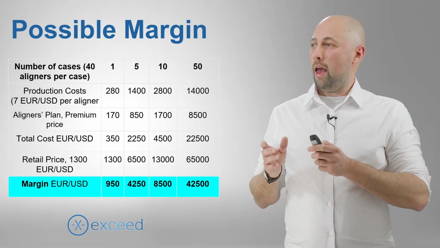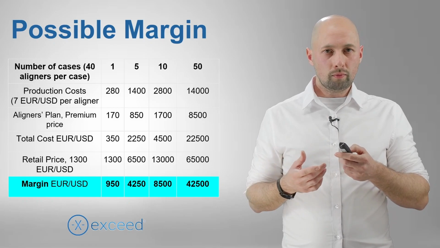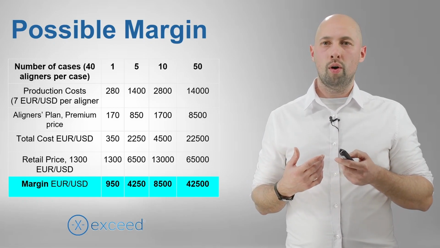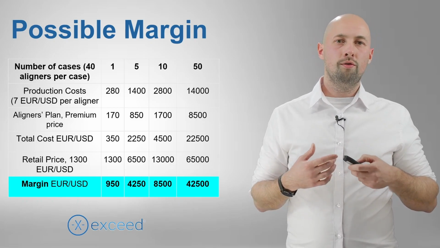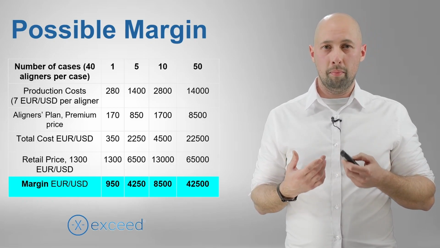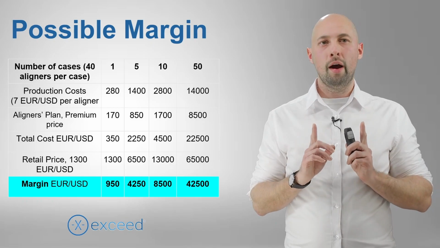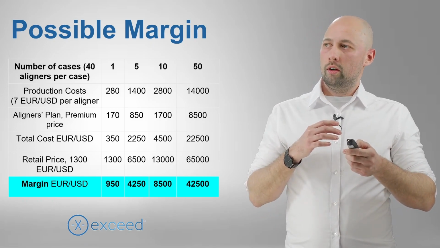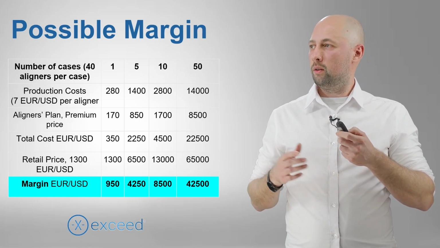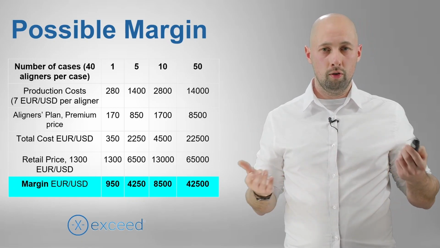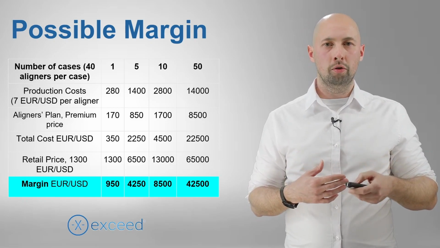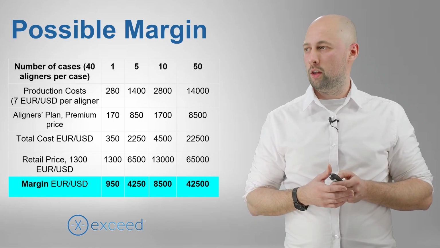And then as the premium partner, you get a better pricing. So we charge 170 euros for the planning, as the planning fee, with 2 refinements included, important to mention, which combined would give us the number of 350 euros as the costs that you will need to give away in order to produce a case with 40 aligners.